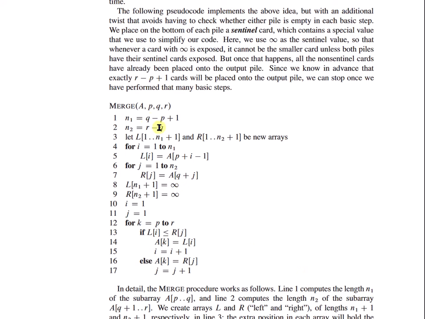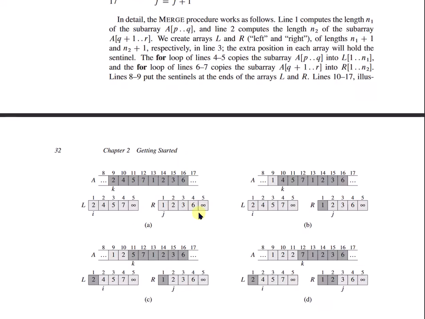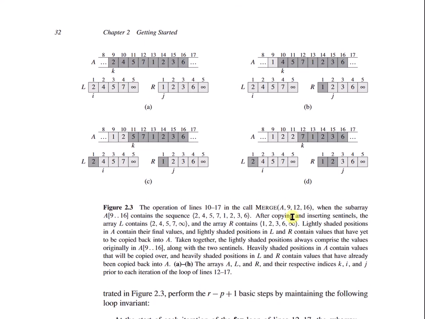My only doubt is where have they given the value of k equal to p, this value. Okay, they are calling merge(A, 9, 12, 16). 9 to 12 is one array, when the subarray A[9 to 16] contains the sequence given there.